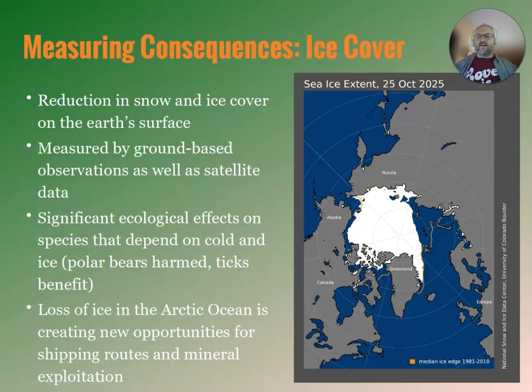Another important element of this is that a loss of sea ice is creating new opportunities for shipping routes and mineral exploration. So it would cut a lot of time off of ships trying to get from, say, Europe to China, or from the east coast of the United States to the west coast of the United States, if they could go through the Arctic Ocean instead of having to go through the Suez or Panama canals, much less down around the bottom of Africa or South America.